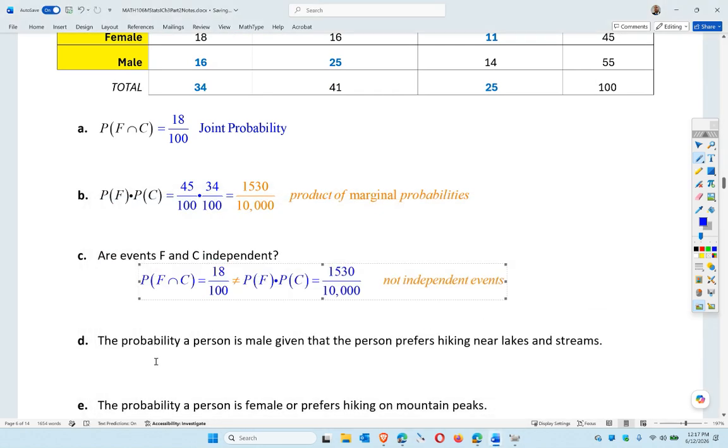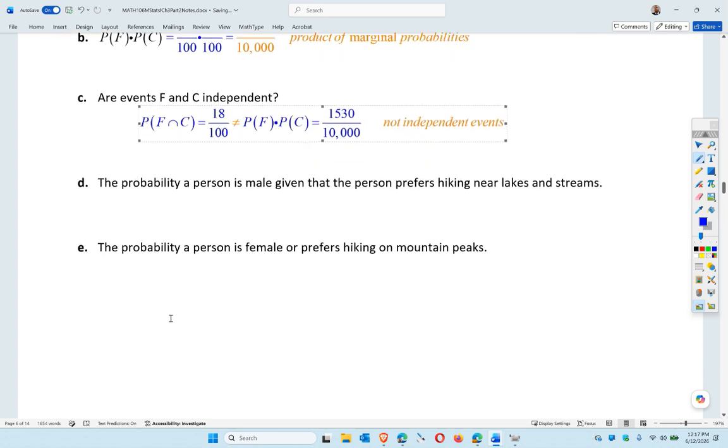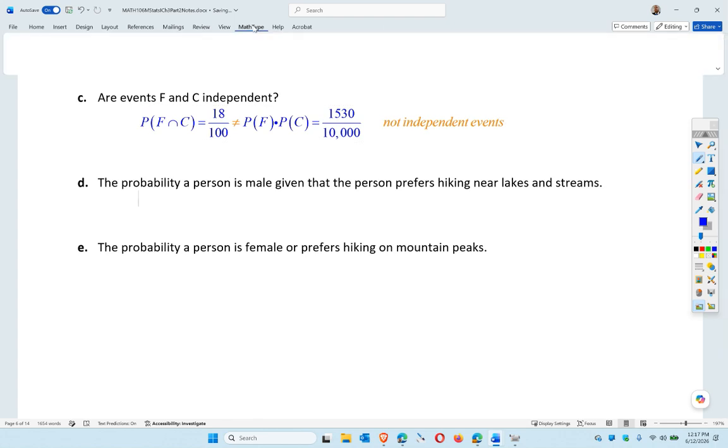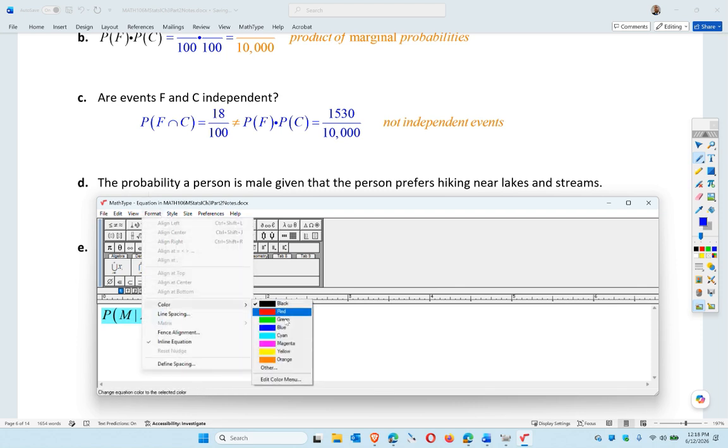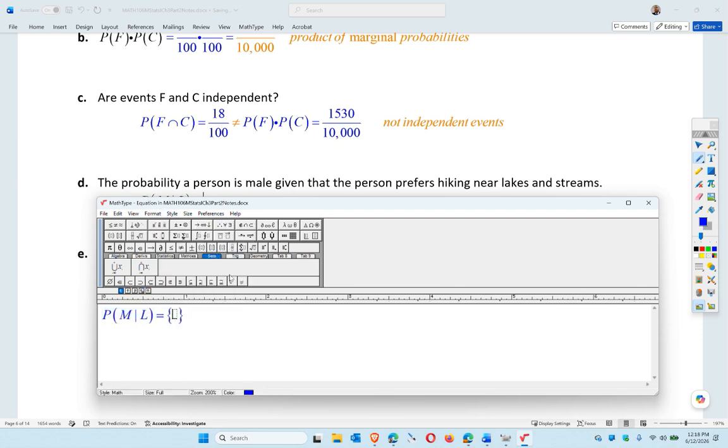Okay. All right. The probability of male given the person prefers hiking. What is that one? Okay, let's do that. So the math type here. So the probability of male given they chose lakes and streams equals... So this is clearly an "and" on top.